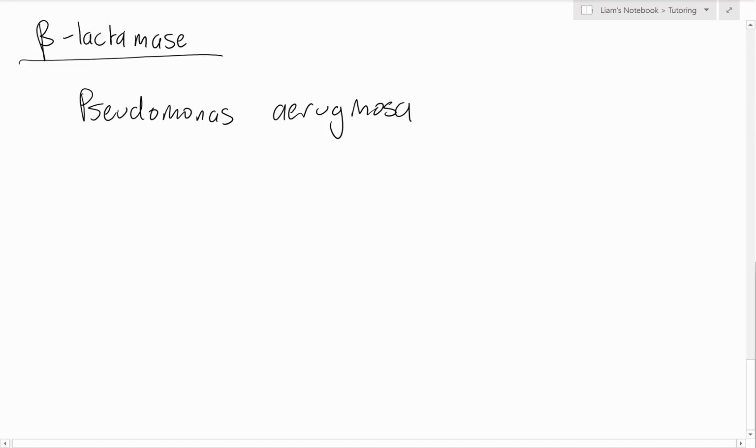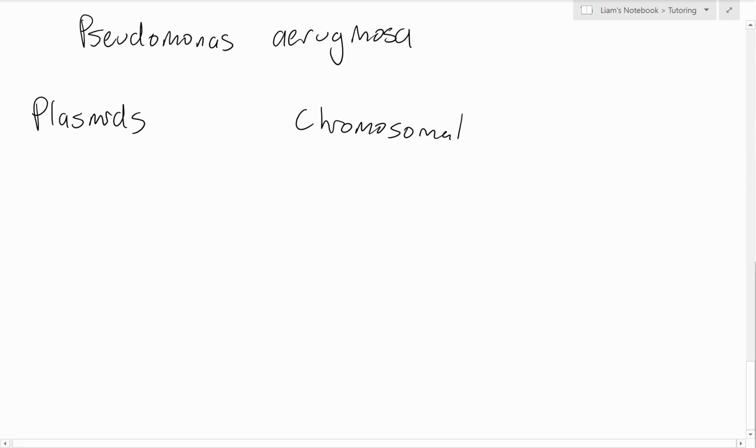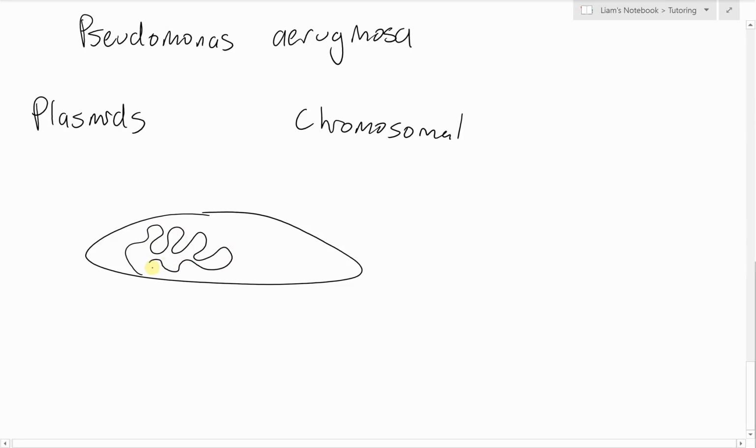There are two classes of beta-lactamase. They can be encoded on plasmids, or they can be chromosomally encoded. So if we have our bacteria again, you might know bacteria have one really big long chromosome. They don't have lots, they've got one big circular chromosome, but then they also have these little floating packets of genetic material called plasmids.